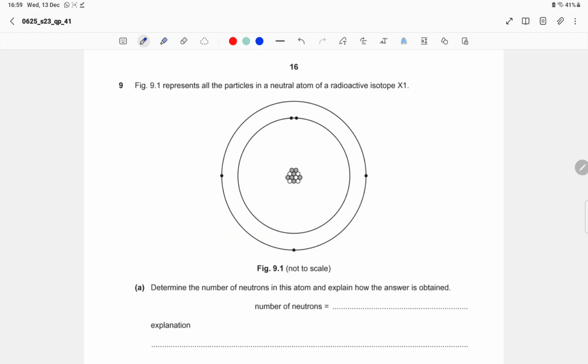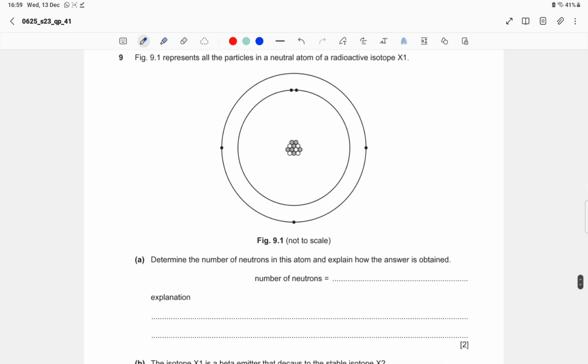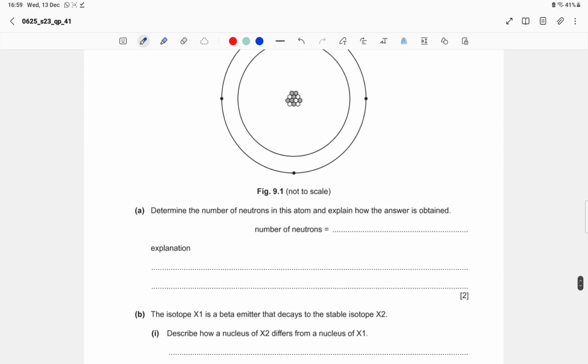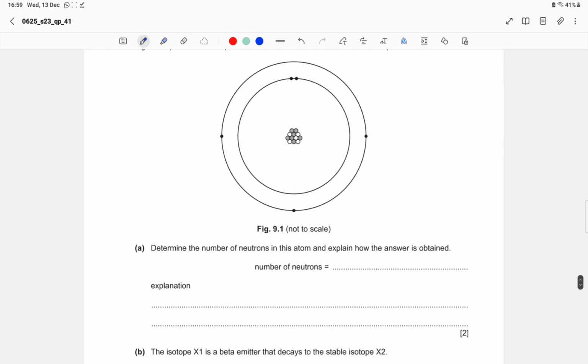Then moving to the next question. Figure 9.1 represents all the particles in a neutral atom of radioactive isotope X1. Determine the number of neutrons in this atom and explain how the answer is obtained. If you count these shaded dots, there are 1, 2, 3, 4, 5, 6, 7, so these are 7.